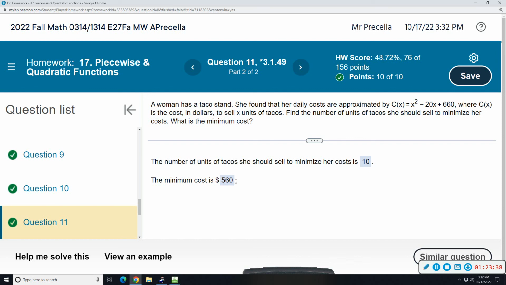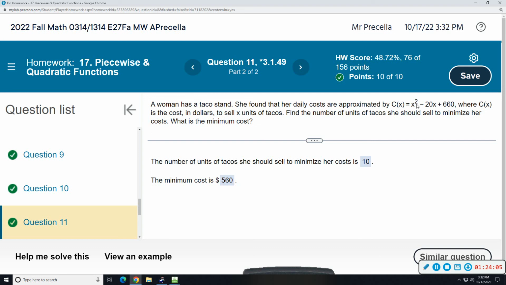So if she had made no tacos, how much would it have cost her? If X was 0, could y'all do that in your head? She didn't sell any tacos. It cost her $660. Well, wait a minute. Here, she bought supplies to make these tacos, and it only cost her $560.